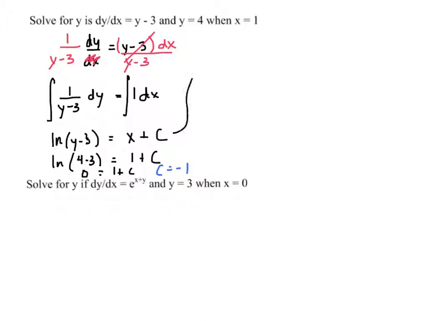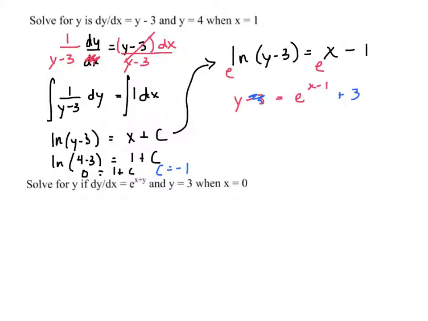Okay, so when we go up here, now I got to solve for y. The natural log of y minus 3 equals x minus 1. All right, so to get rid of natural log, I'm going to take e to both sides. So I have y minus 3 equals e raised to the x minus 1 power. Then I would add 3 to both sides. Now you could be done right here.